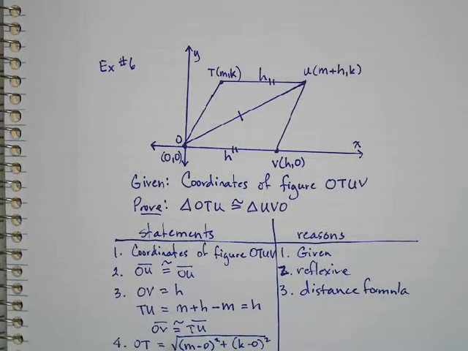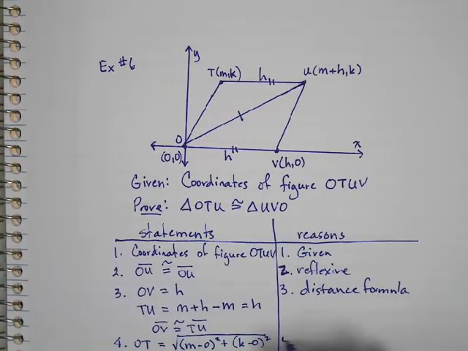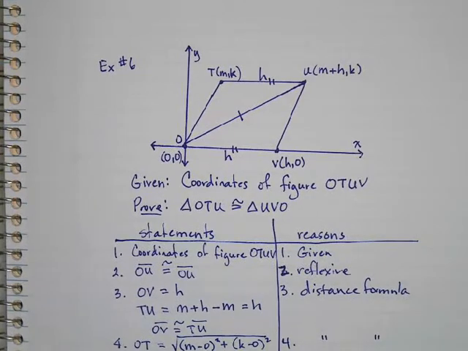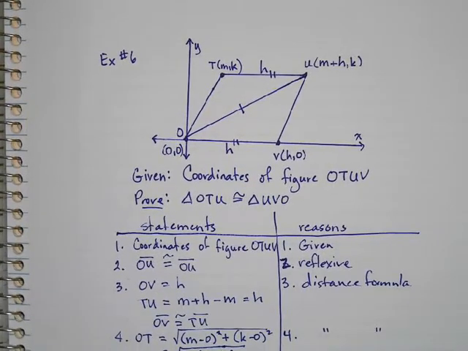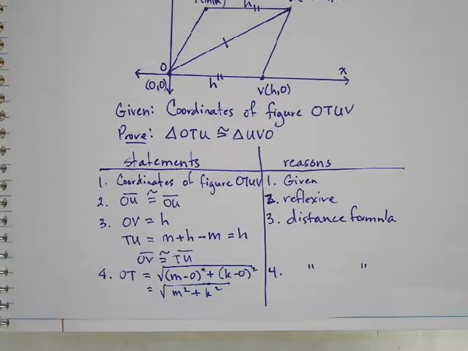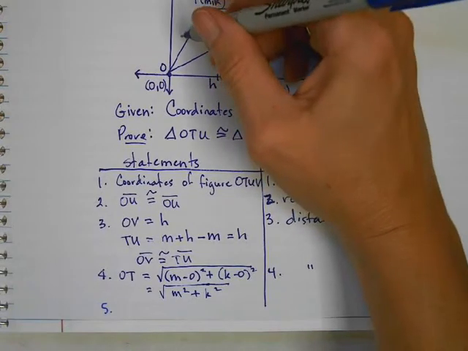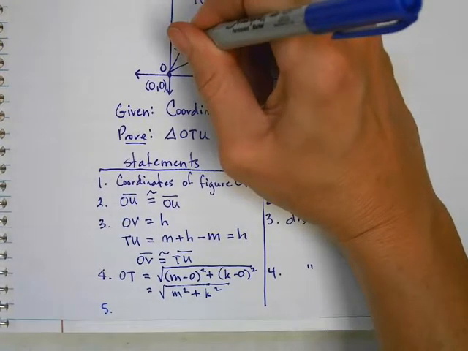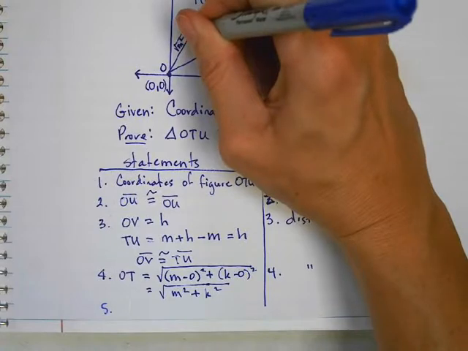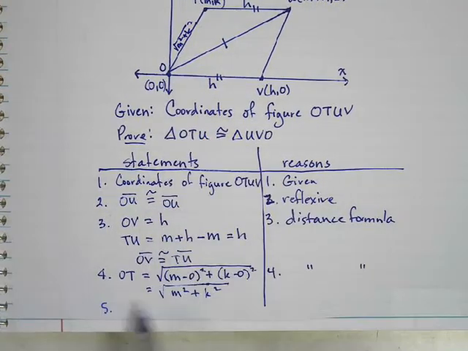If I simplify that, I'm going to have m squared plus k squared. Matter of fact, we can just put distance formula there. Then on step 5, I can even write on this so that I can see what I have here. This is m squared plus k squared. I could just write it right on that line segment right there.